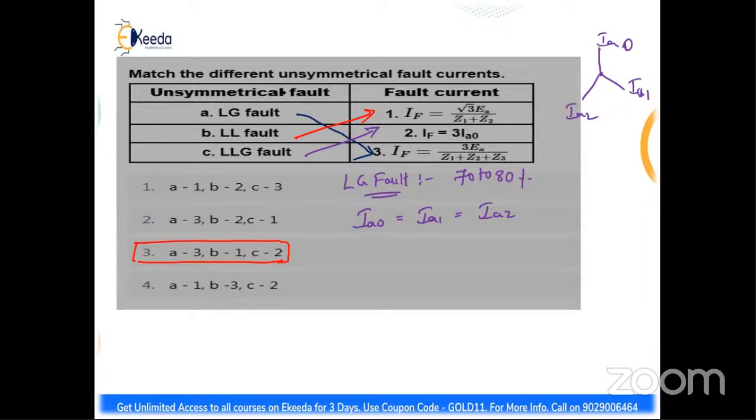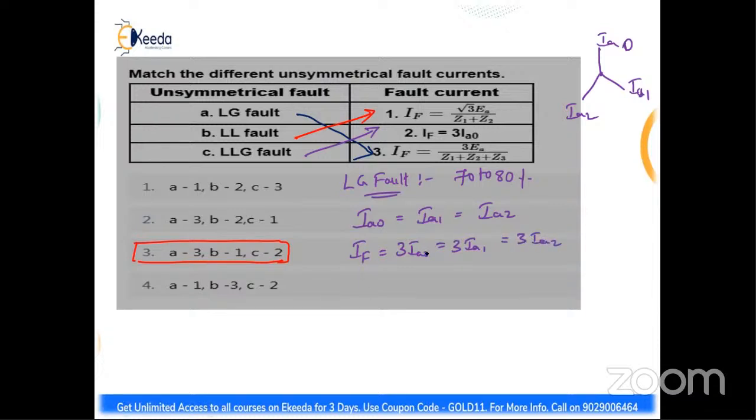Which type of fault is it? Unsymmetrical fault, right? So IA0 equals IA1 equals IA2. This can be written like this: the fault current IF is equal to 3 IA0, equal to 3 IA1, equal to 3 IA2.